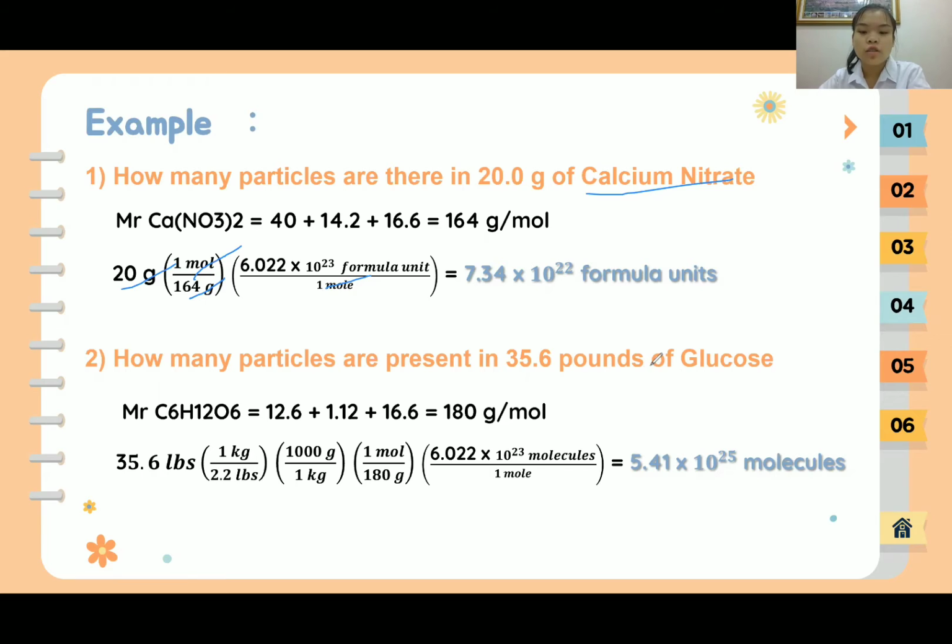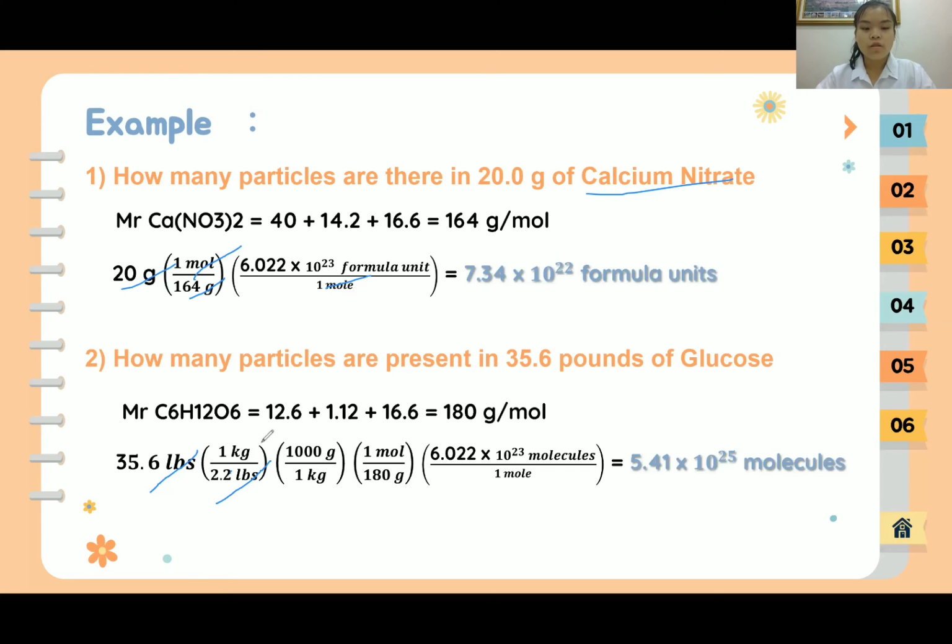After that, because the given is 35.6 pounds of glucose and it is asked how many particles are in it, we need to change the pounds into particles. To change it, first we write 35.6 pounds. After that, because 1 kilogram is 2.2 pounds, we just need to eliminate pounds. It leaves kilogram. After it leaves kilogram, we need to change the kilogram into gram. 1 kilogram is equal to 1000 gram.